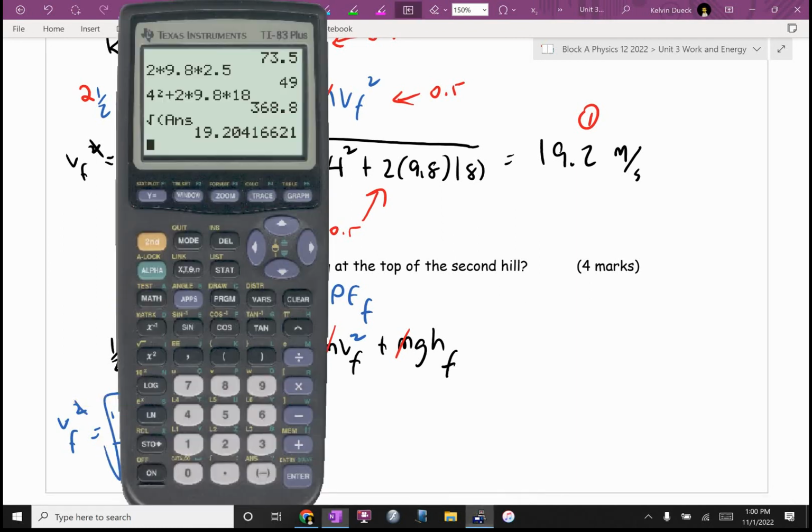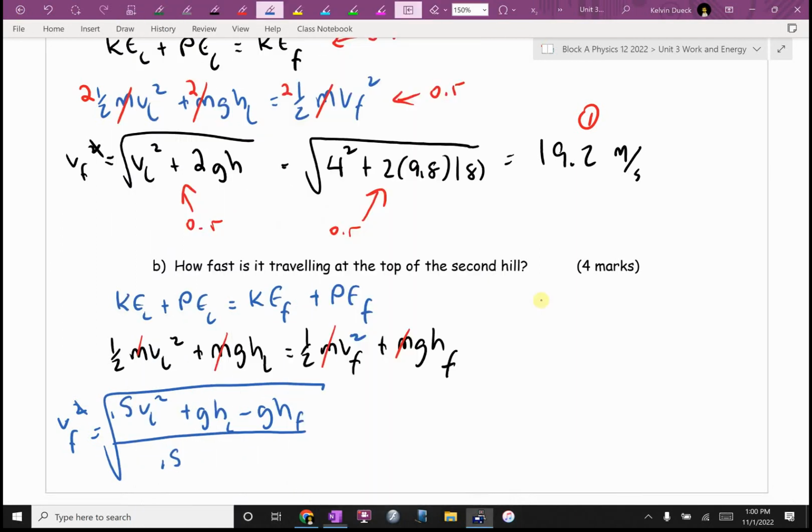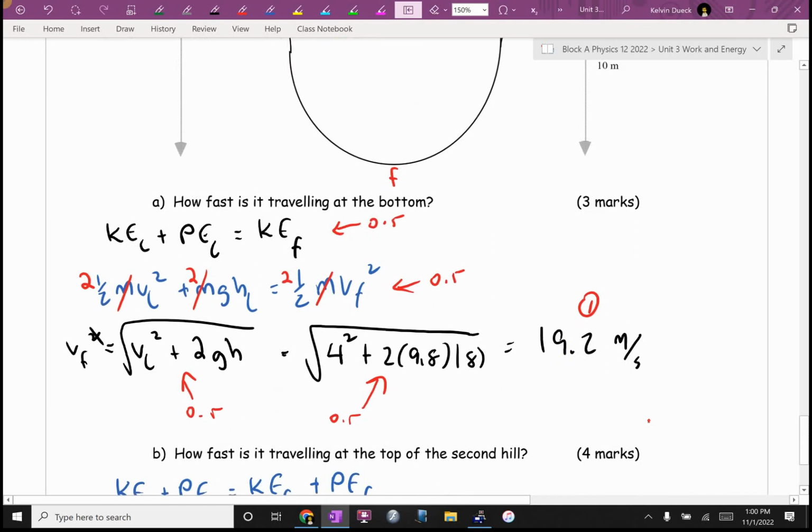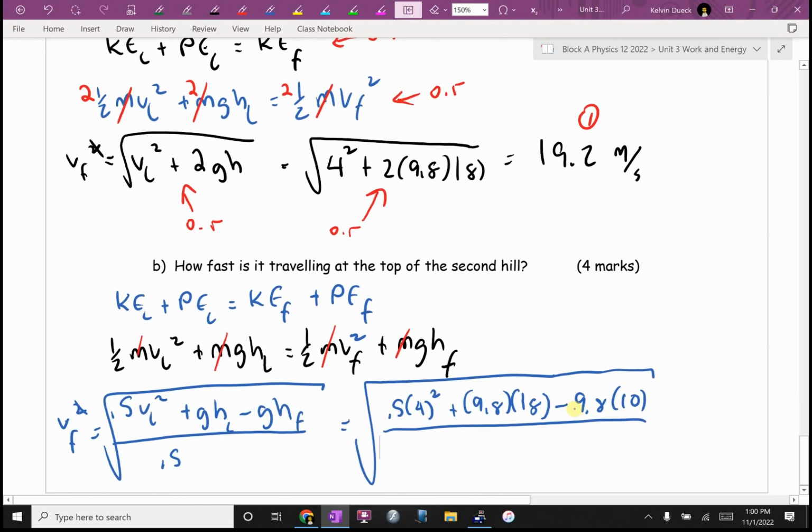Square root. So it's going to be 0.5 times 4 squared plus 9.8 times 18 minus 9.8 times 10. Was it 10 or 8? 10, right? Yeah. All divided by 0.5. Stop making noises, folks.